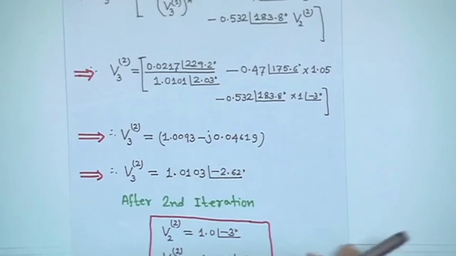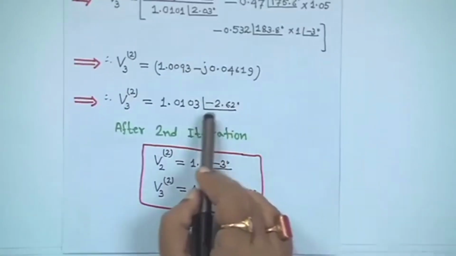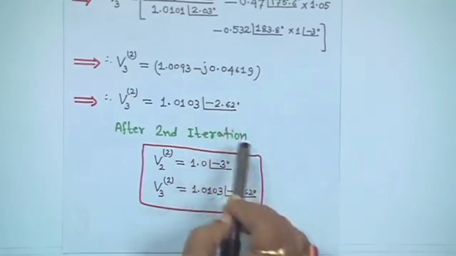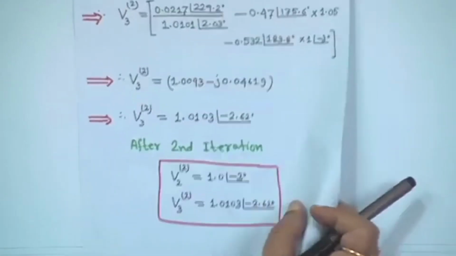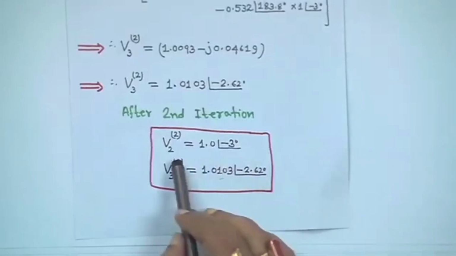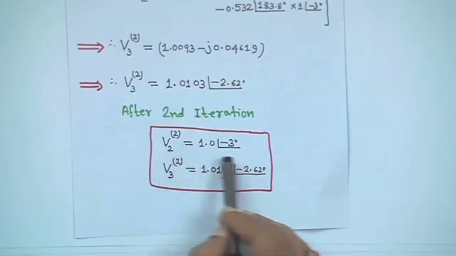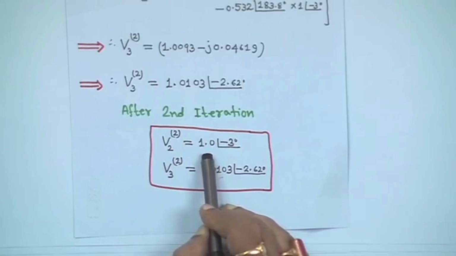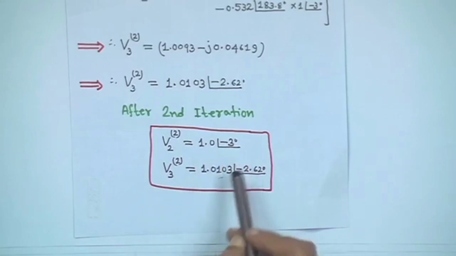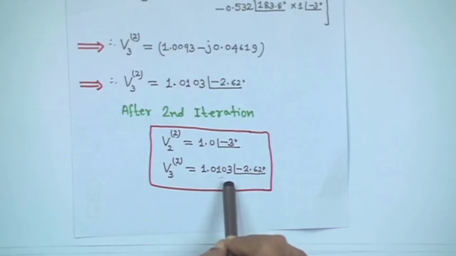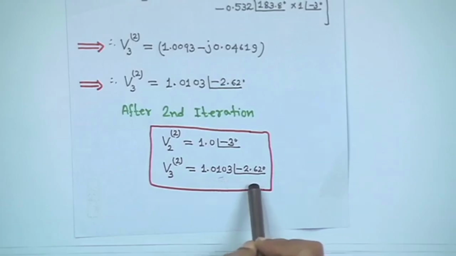So V3 is 1.0103 with angle minus 2.6 degree. So after the second iteration, V2 has magnitude fixed at 1 with angle minus 3 degree, and V3 is 1.0103 with angle minus 2.6 degree. This is the result after the second iteration.